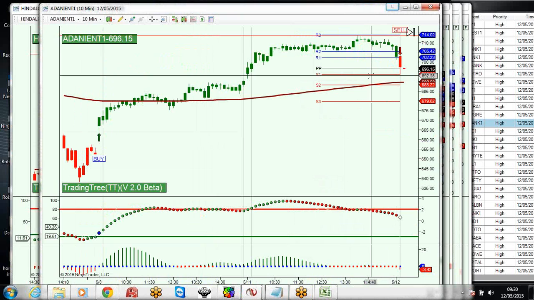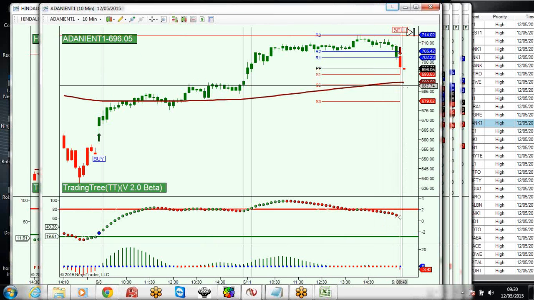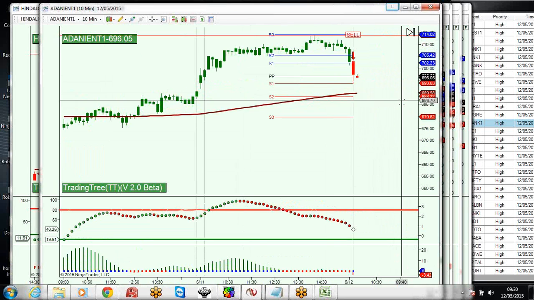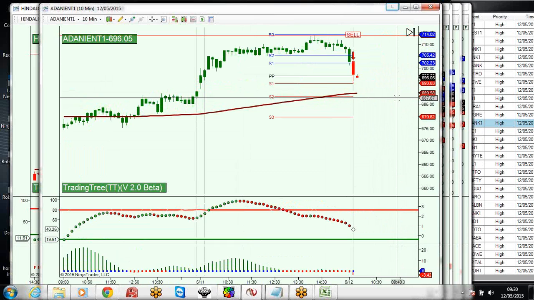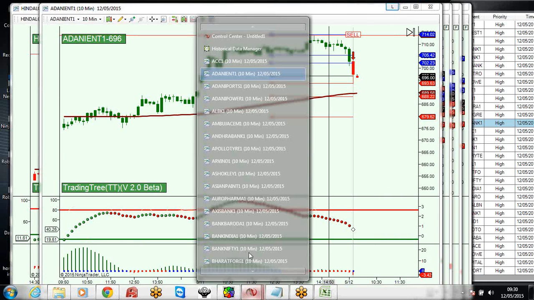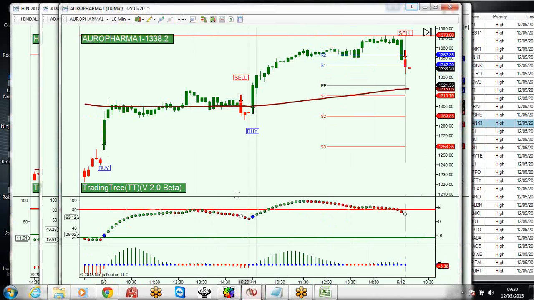Adani, I would not take this call unless it crosses this line, or else you can short it at this level, 687.60. They had a call in Aurobindo Pharma.